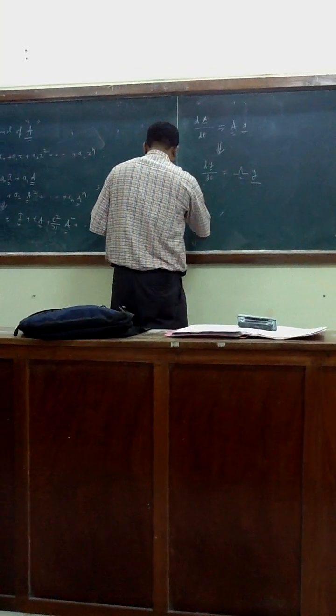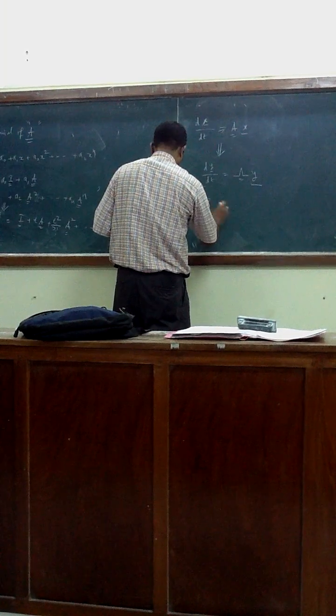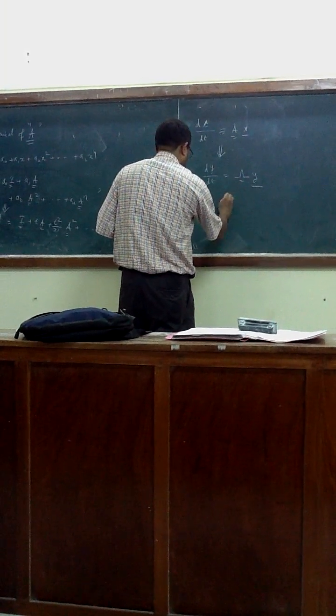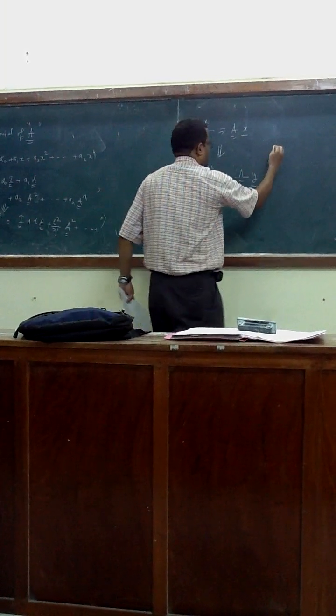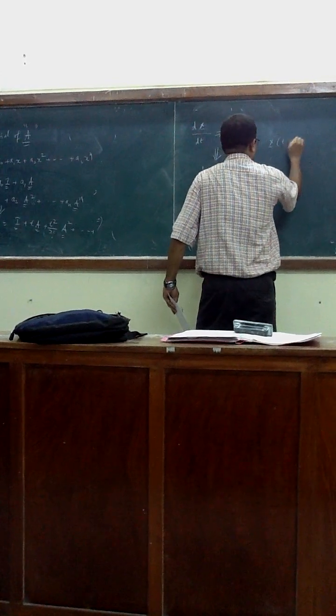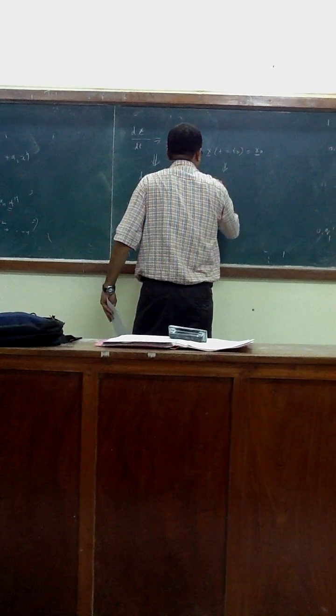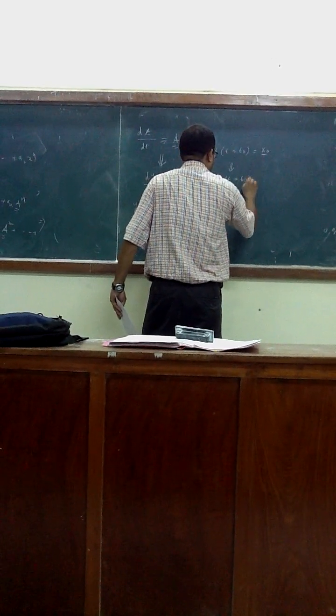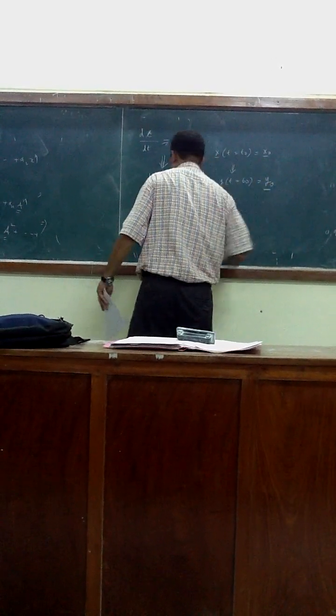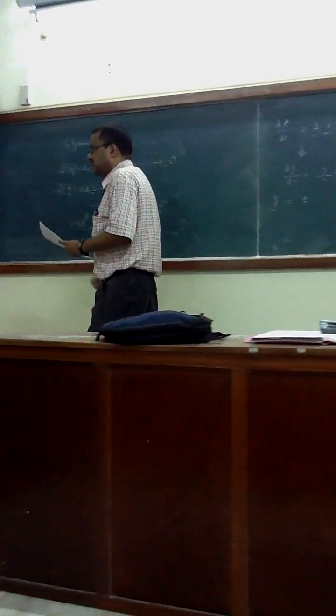So what is the y solution? If I give the initial condition x at t equals t0 as x0 vector, what will be y at t equals t0? It is y0 vector. So can you express the solution in terms of the y0 vector?